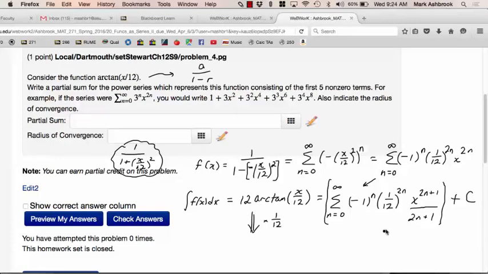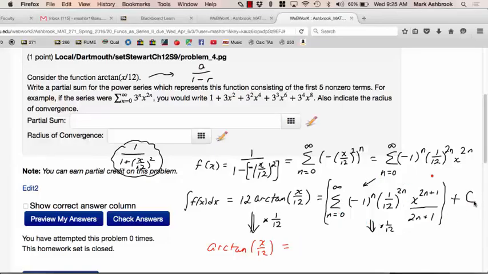So we need to multiply this series that we just got by 1/12 so that we are left with just arctan of x over 12. That was the function we wanted to write as a series. So I'm going to start that in red so we can distinguish here. So arctan of x over 12 is equal to.